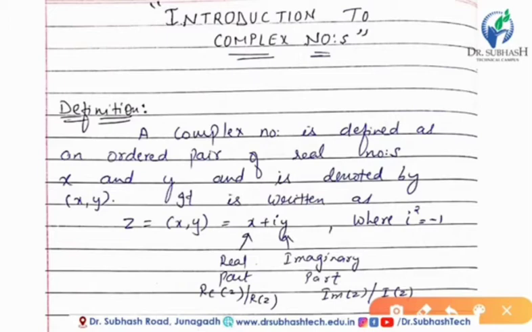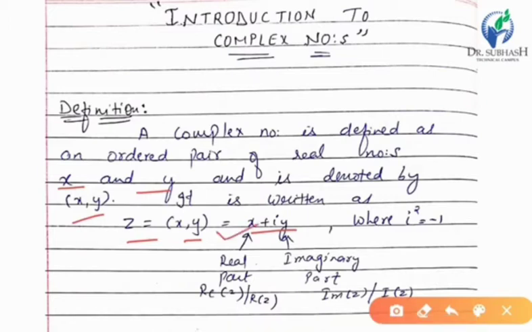A complex number is defined as an ordered pair of real numbers x and y and is denoted by (x, y). It is also written as z equal to (x, y) equal to x plus iy, where x is the real part and y is the imaginary part.